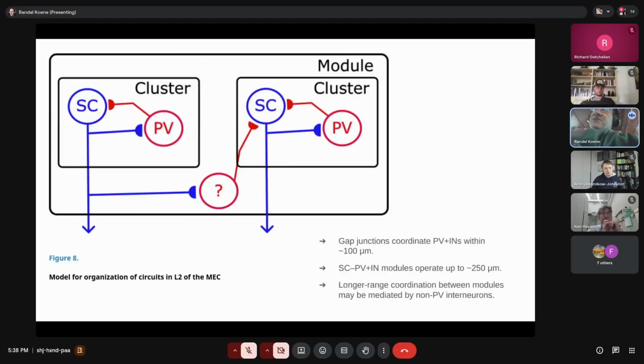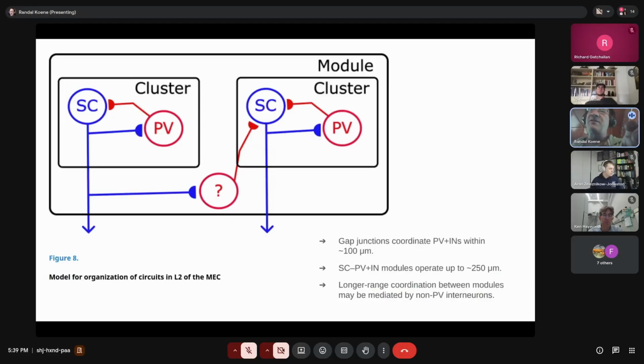The authors then sketched out a, what I would call, fairly simple model of how these clusters and modules operate. It's based on a sketch of a three-level hierarchy where gap junctions are responsible for the coordination of PV interneurons within about 100 micrometers, and the stellate cell to PV interneuron modules operate at up to 250 micrometers, and where longer range connections between the modules could be mediated by non-PV interneurons.